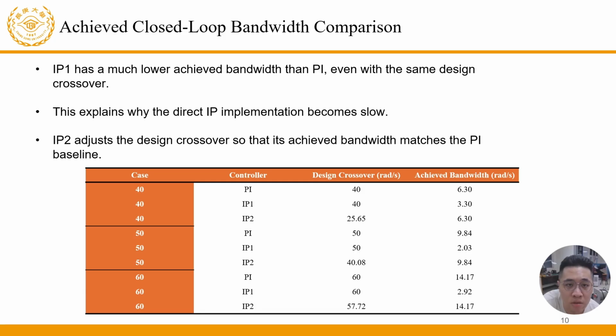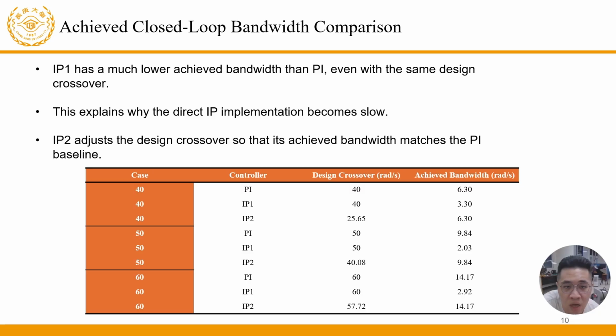This slide shows the comparison of bandwidth. We can see that IP1 has a much lower bandwidth than PI. For example, in the 50 radians per second case, PI achieves about 10 radians per second, but IP1 is only around 2. This explains why IP1 is much slower.